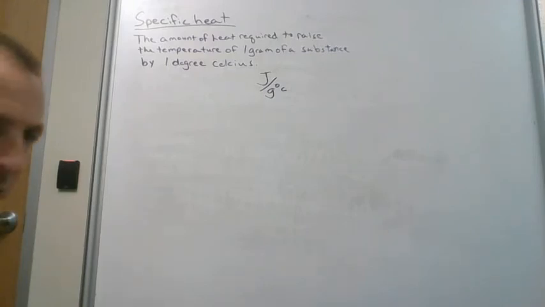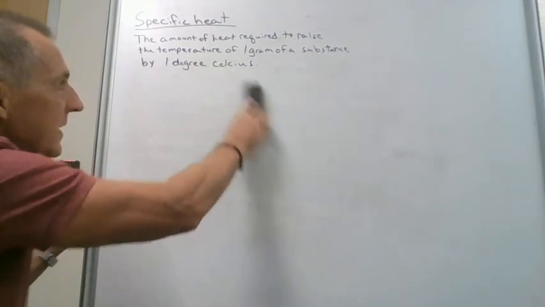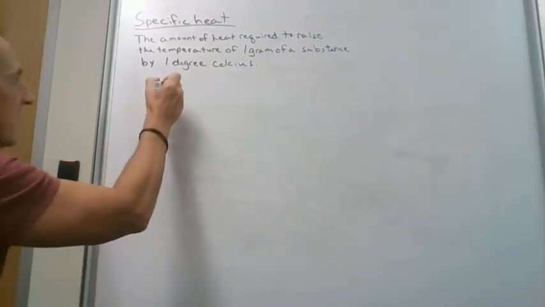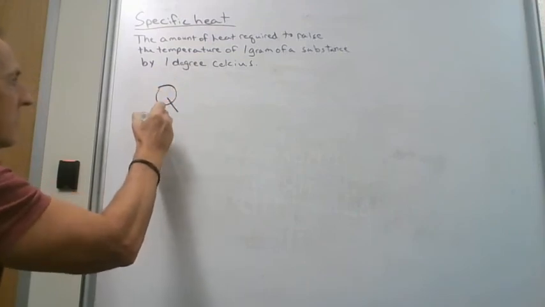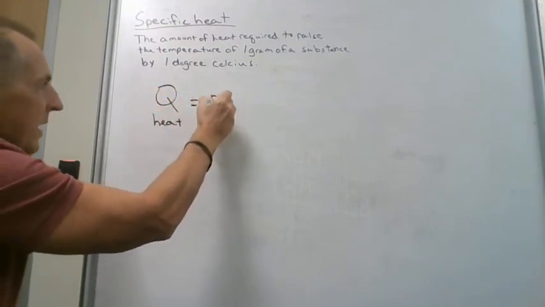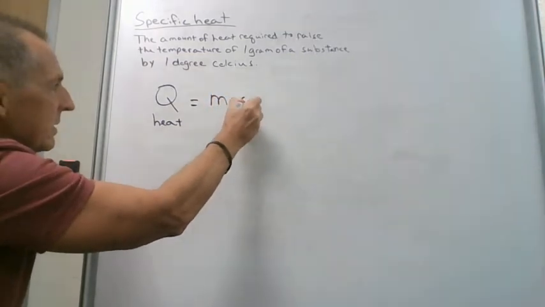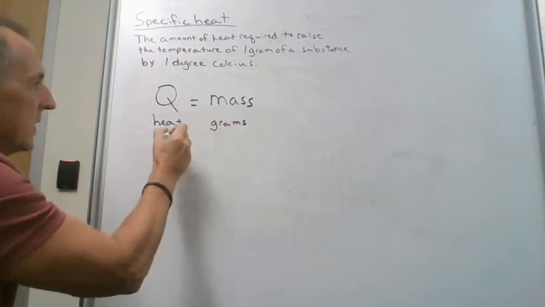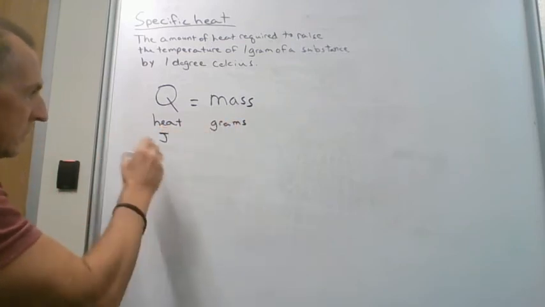Now there's a formula that this specific heat will go into, and it is Q, which is the amount of heat, equals the mass of the substance, which will be in grams. Heat is in joules.